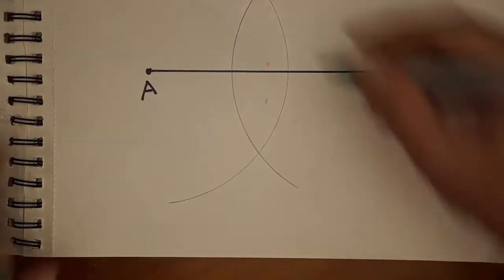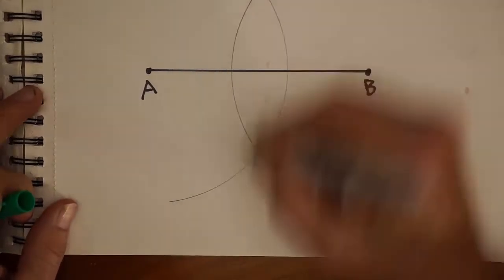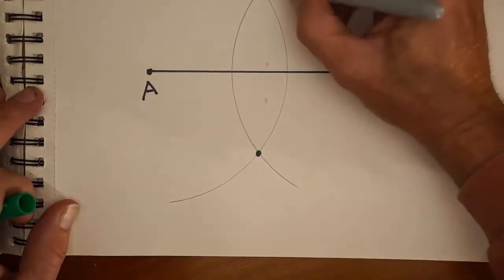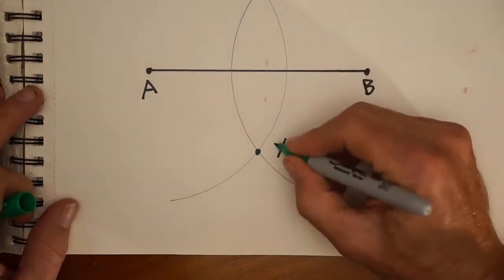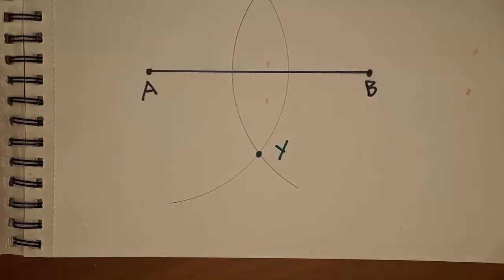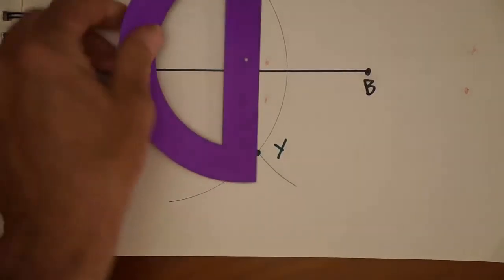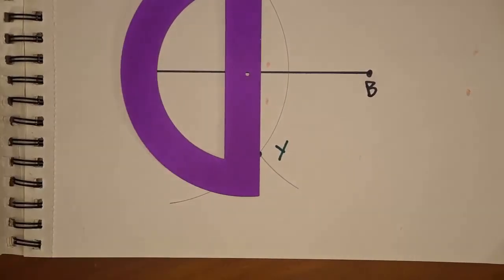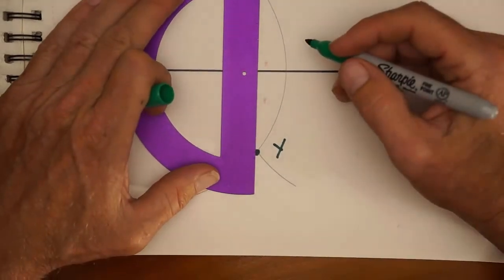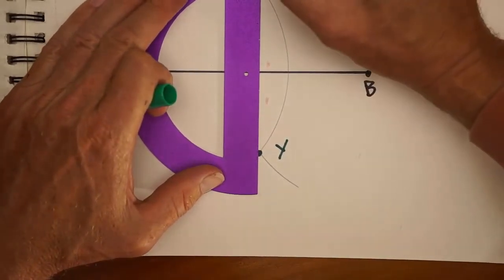And I'll label those X and Y. I could label them anything, but let's label them X and Y. I'm then going to take the straight edge and create a line that goes through both points, X and Y, that we just created.